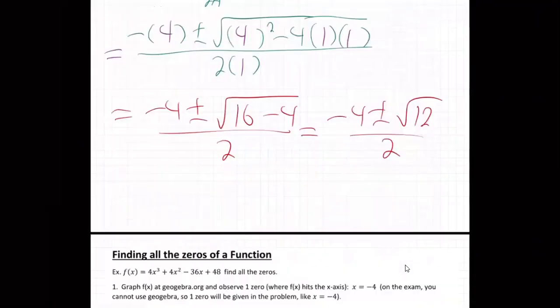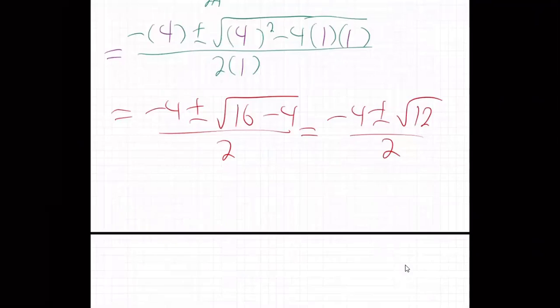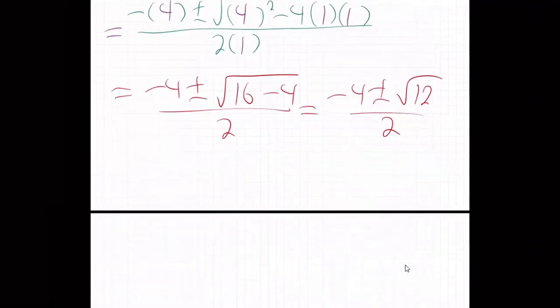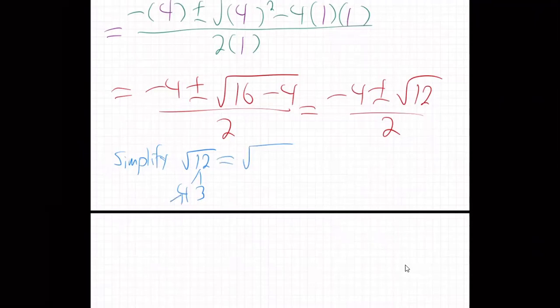Are you comfortable with simplifying square roots? So to simplify, I'll break it down, 12 is 4 times 3, and 4 is 2 times 2.